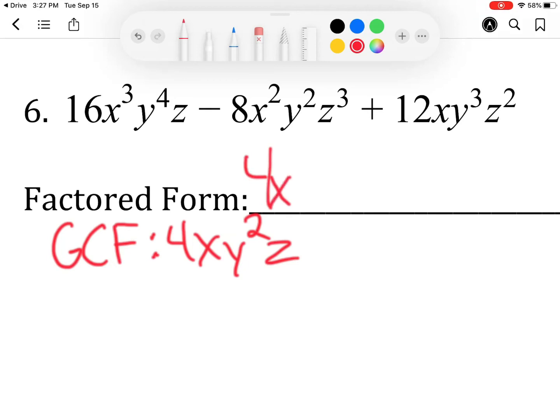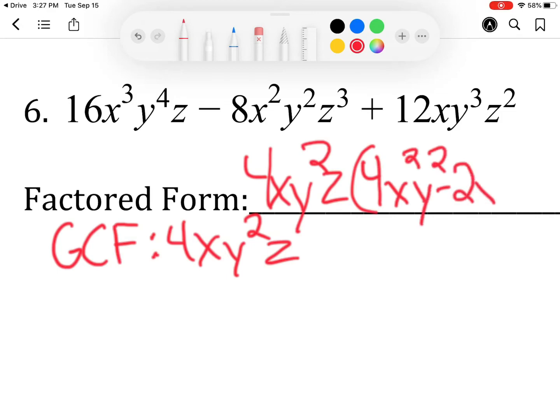So your factored form should have been this. If you did not get this, please reach out and I will gladly help you.